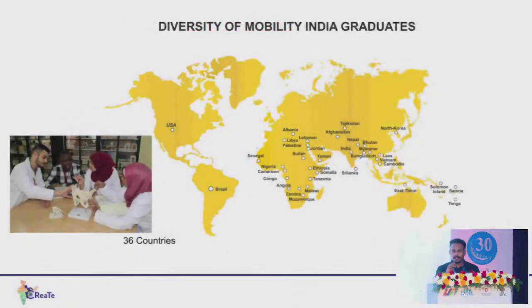So overall 36 countries have been trained in approximately 20 years. Understanding dynamics of change, designing and selecting the most effective intervention strategies, good practices, and diversity gave a good foundation to Mobility India program and its learning environment.